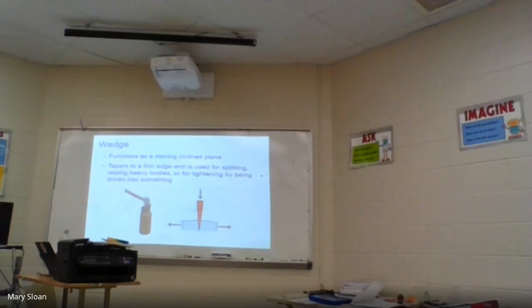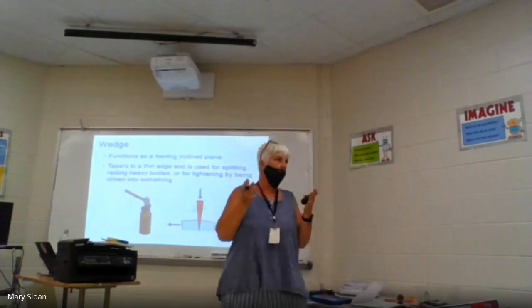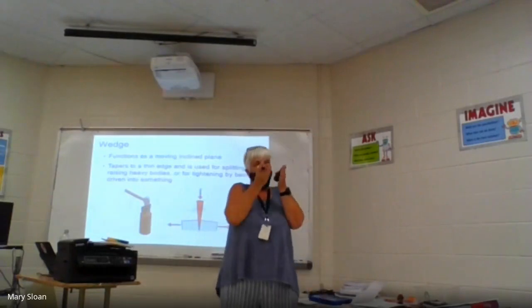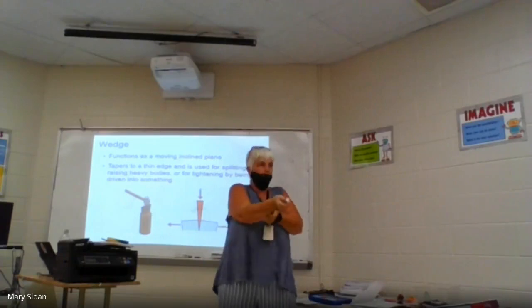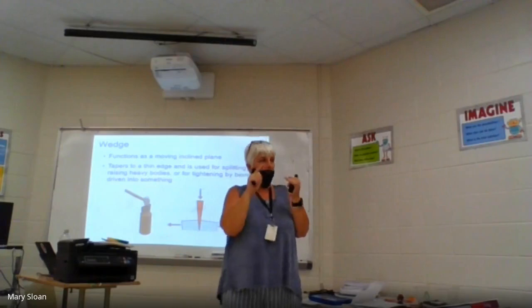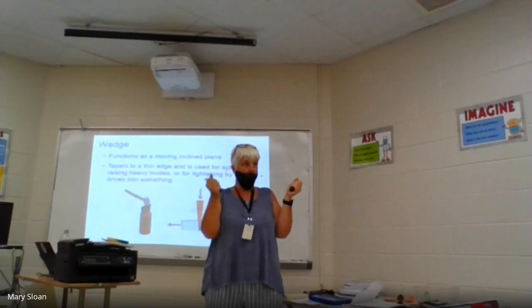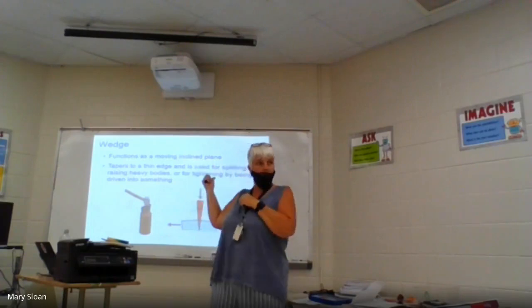When we're using a wedge, you use it to split wood. The best one that I can think of as a wedge would be something to chop wood with. Now, by this week, you're going to have to find each one of these simple machines at your house and take a picture of only one of them. But you have to prove that it is a simple machine.